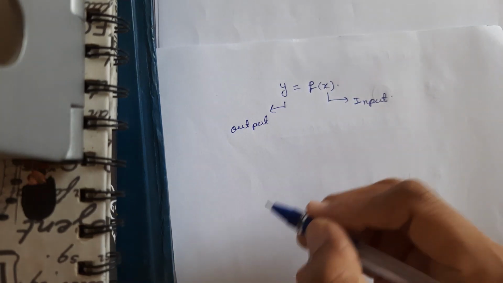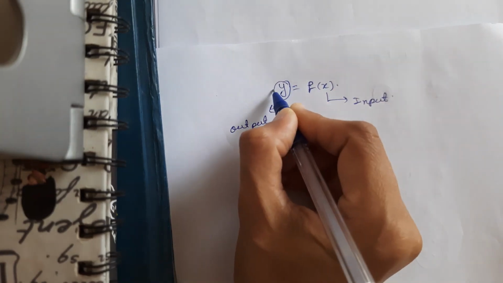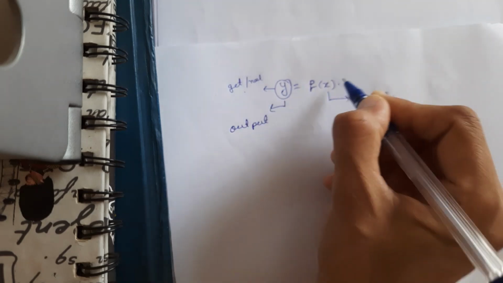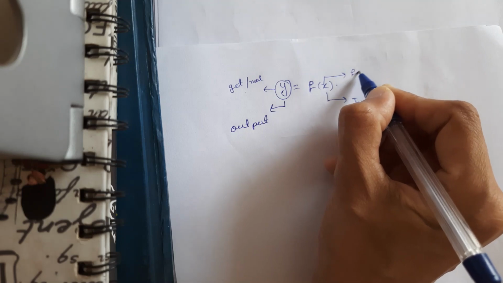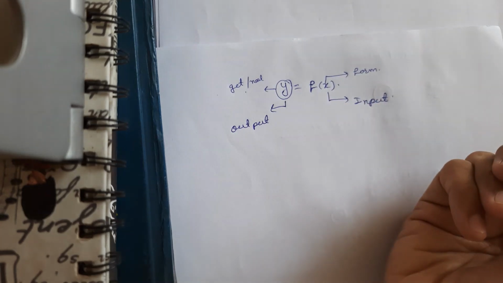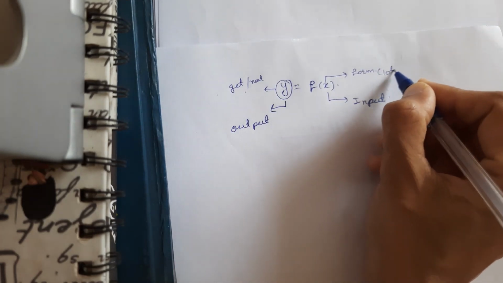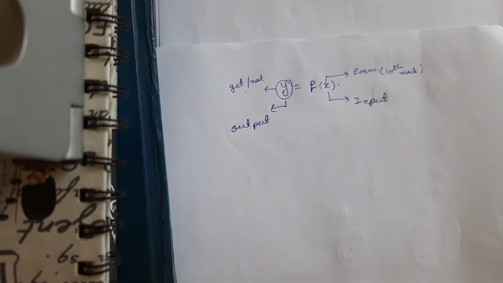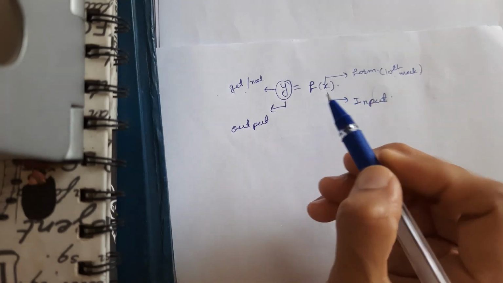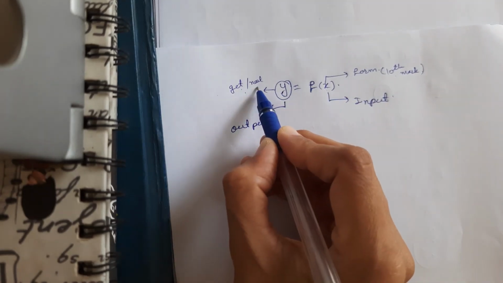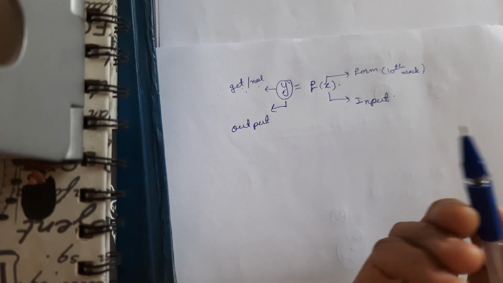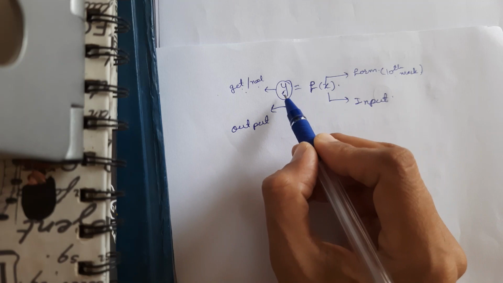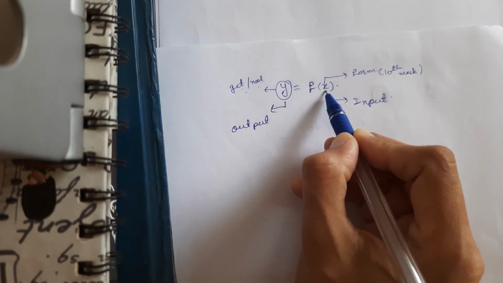In our example, y is the output, getting college or not getting college, and x is the form that I have filled, more specifically my 10th marks. Based on my 10th marks, I am going to get the college or not. We read it as y equals f of x.